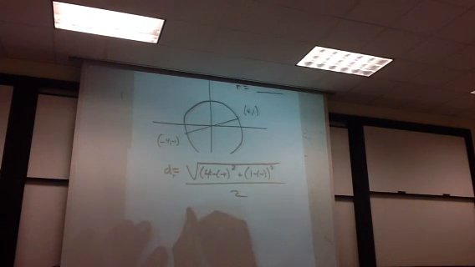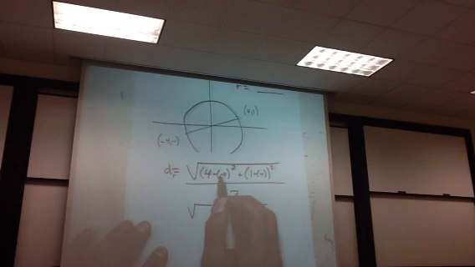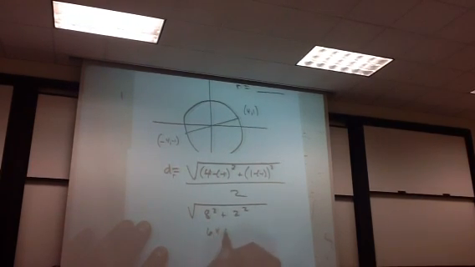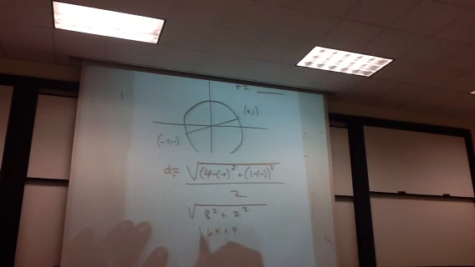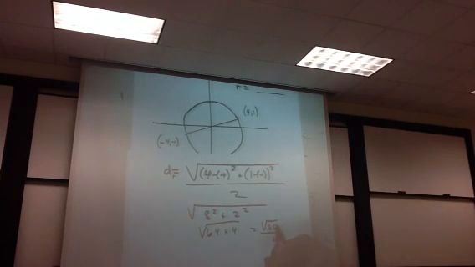Take your choice. That's 4 plus 8 squared, that's 2 squared. That's 64 plus 4, square root of 68.